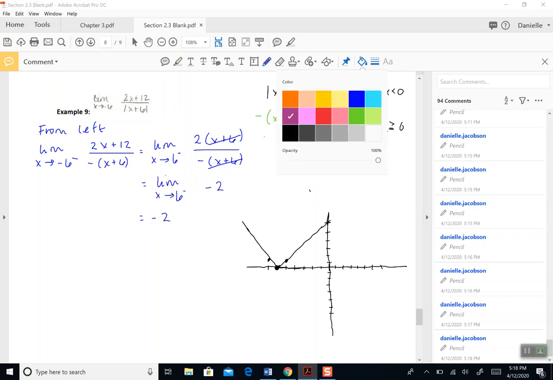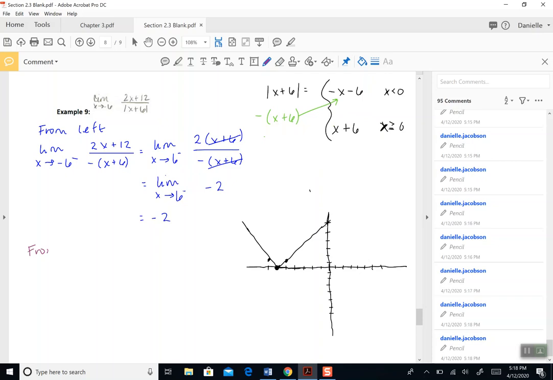Now we have to go from the right. Coming from the right, we have the limit as x goes to -6 from the right of 2x plus 12 over x plus 6.